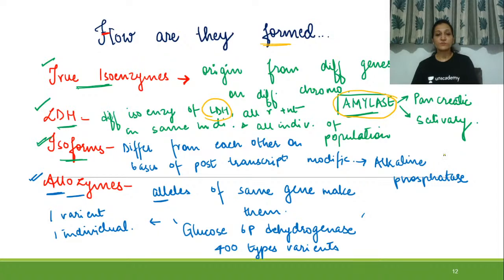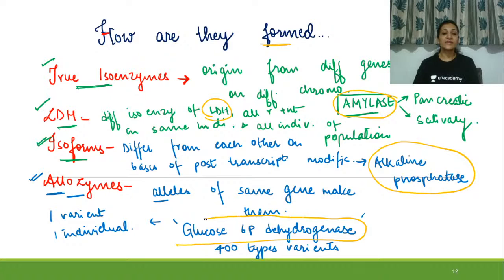Isoforms, the example is alkaline phosphatase. And allozymes, the example is glucose 6-phosphate dehydrogenase. Right? Hope you have understood what I have told you about the formation of isoenzymes.